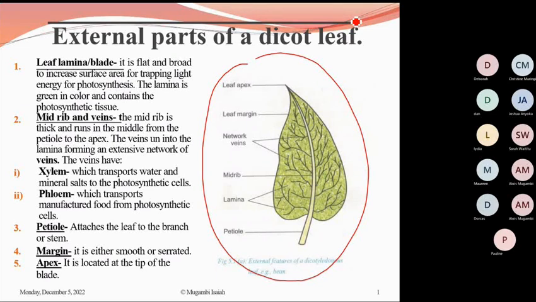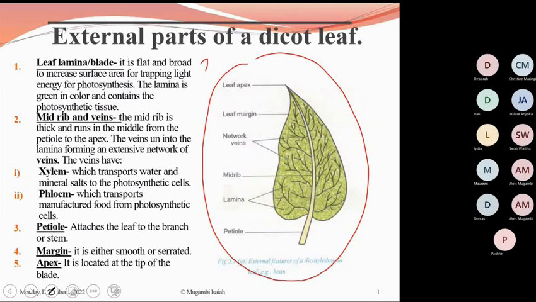At this point I want to mention that when a question asks about the adaptations of particular structures in biology, the expected answer should have three parts. Number one is the structure. Number two is the modification.